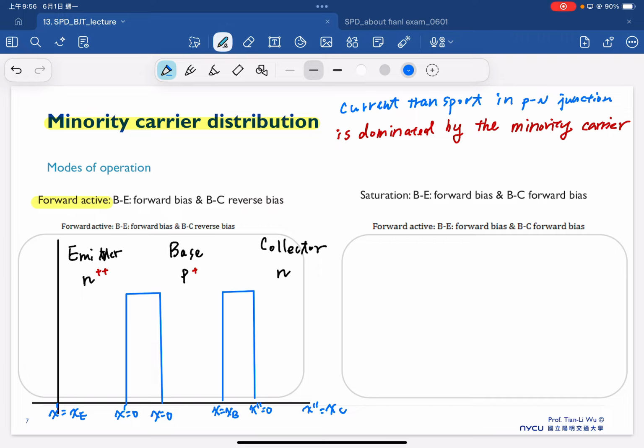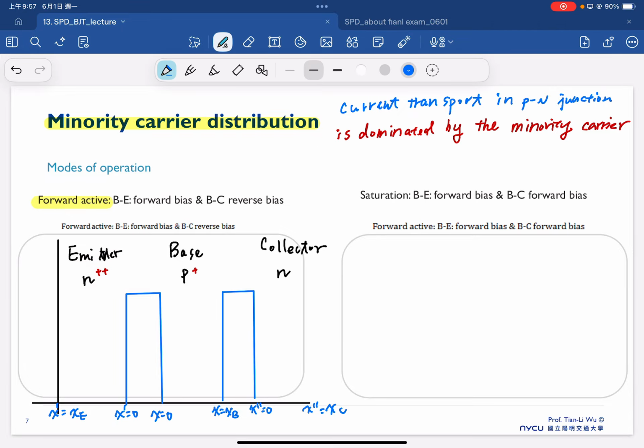The next step is to establish the equilibrium minority carrier concentration. Since the emitter is N++, the majority carrier electron concentration is very high.